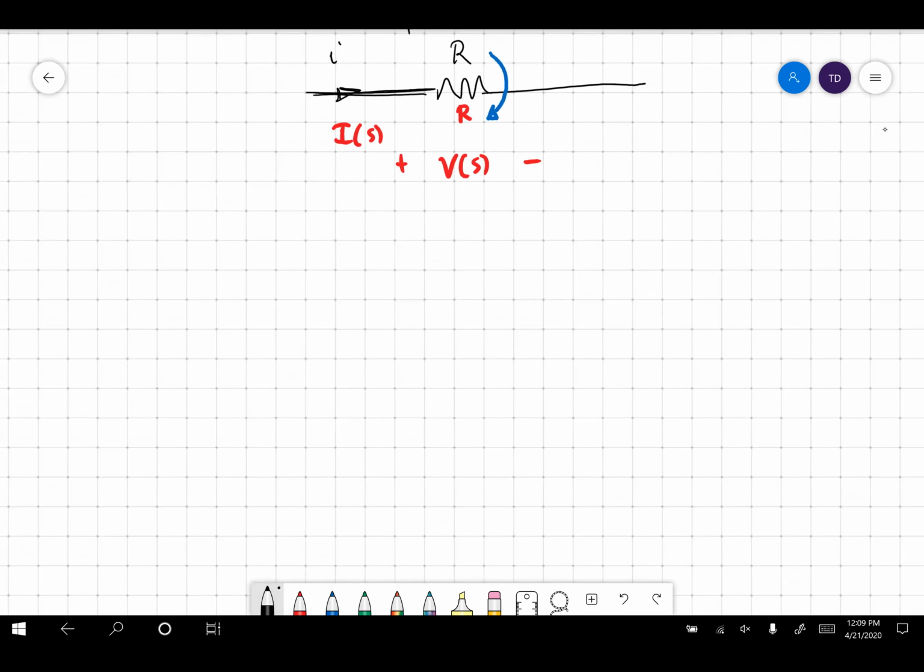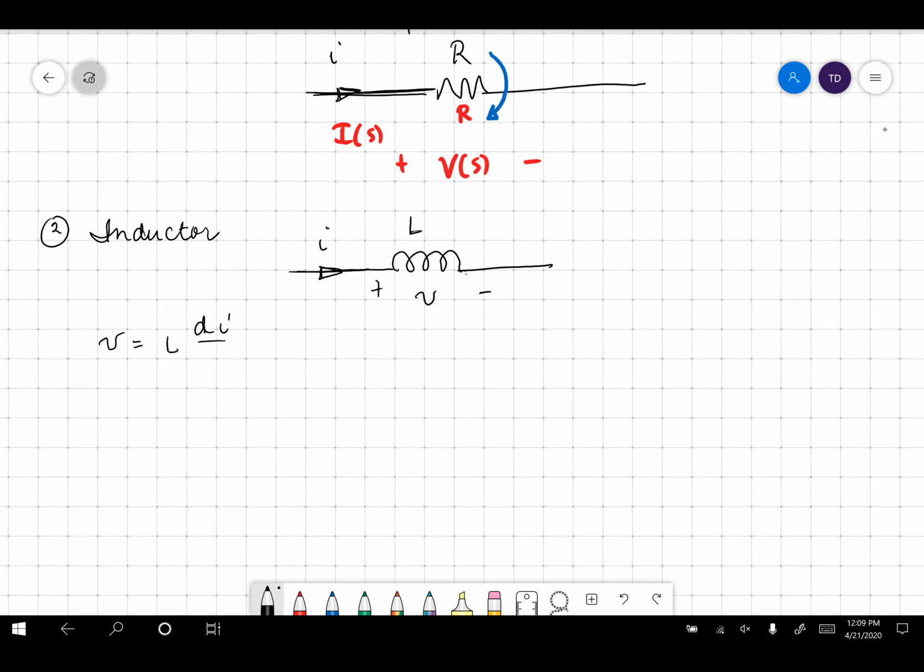Let's take a look at the capacitor and the inductor. So we'll start with the inductor. We always start in the time domain. There's our inductor L, there's a current I, there's a voltage V. And the current-voltage relationship for any inductor is V is equal to L di dt.